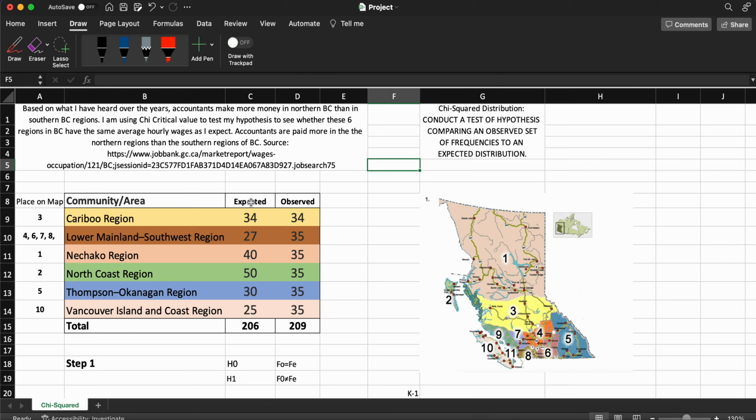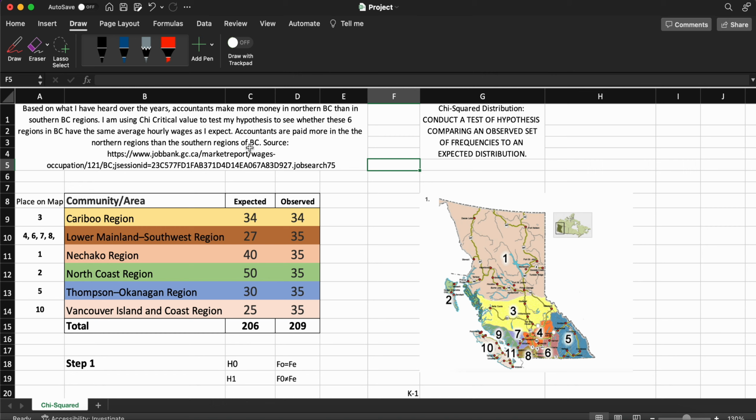And so I listed some expected median hourly wages of accountants. And what I've said here is, based on what I've heard over the years, accountants make more money in northern BC than in southern BC regions.